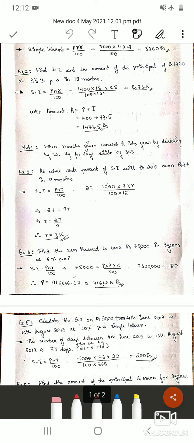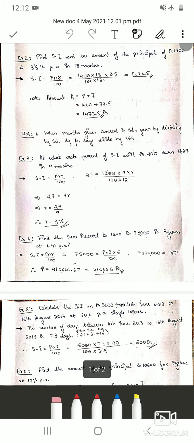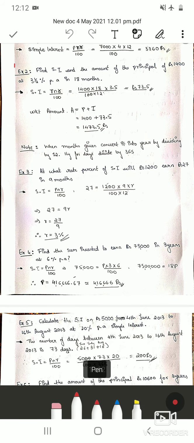The second question is, find the simple interest and the amount of the principal of rupees 1,400 at 3.5% per annum in 18 months. In this question they have asked to find out the simple interest and also the amount. In the previous class we had seen the formula for amount is principal plus the interest.